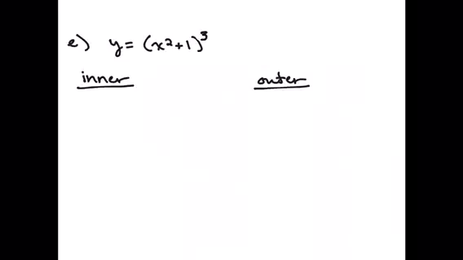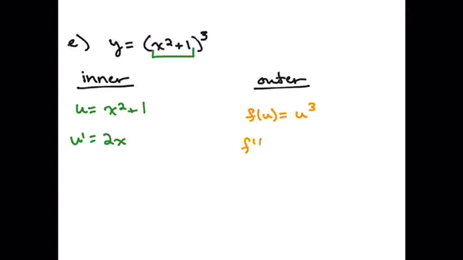Okay, y equals x squared plus 1, all raised to the third power. Then my inner function here is the x squared plus 1, and its derivative is 2x. My outer function is going to be u cubed. The derivative of that is 3u squared.